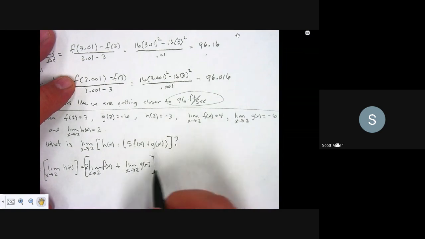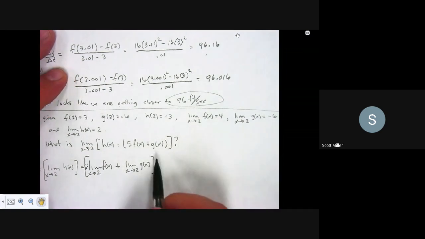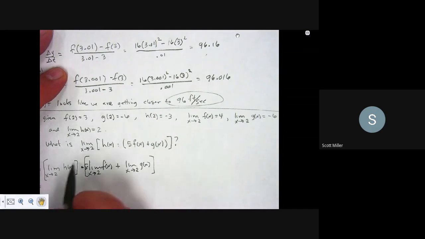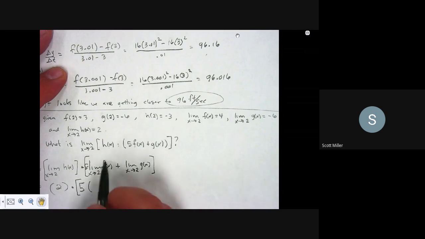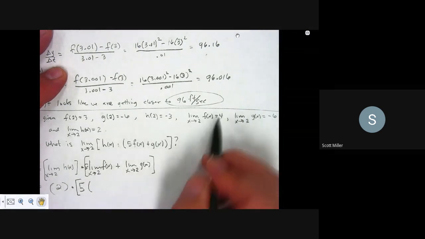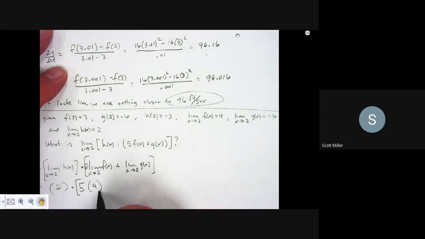So there's that. And so then I can come over here and plug in the numbers that I know. What is the limit as x approaches 2 of h of x? 2. This is going to be, over here, 2, and then it's going to be 5 times this limit, which is 4, and then plus this limit, which is -6.